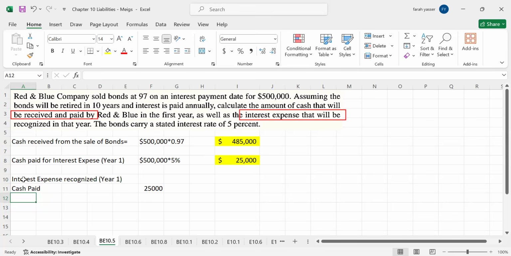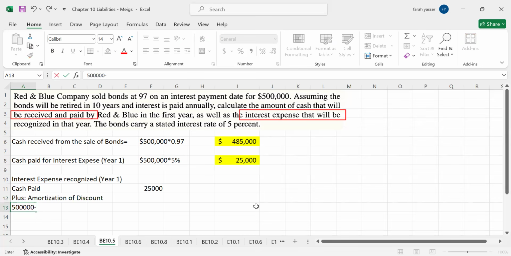So we are going to amortize that discount, plus amortization of discount. So how are we going to calculate amortization of discount? We have bonds issued at 5 lakh. The total amount of cash received is 4,85,000.